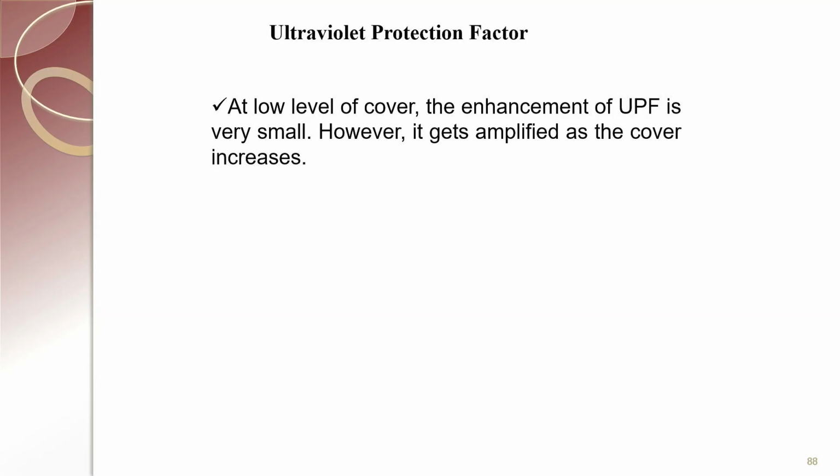So, at low level of cover, say 20 PPI, the enhancement in UPF is very small. However, it gets amplified as the cover increases. So, this effect of the flattening or effect of the hollowness gets amplified as we have seen here.